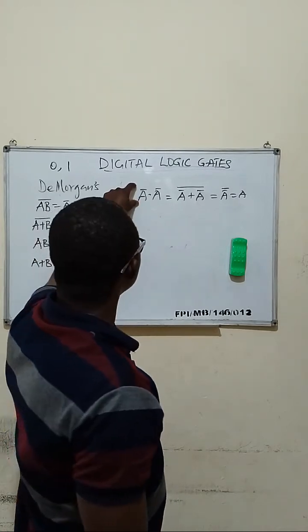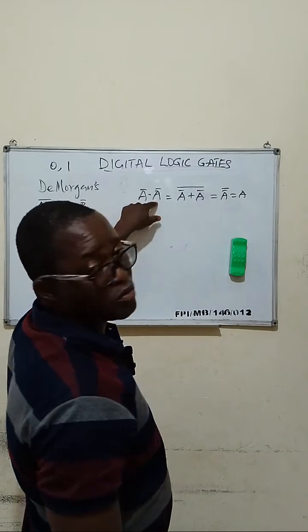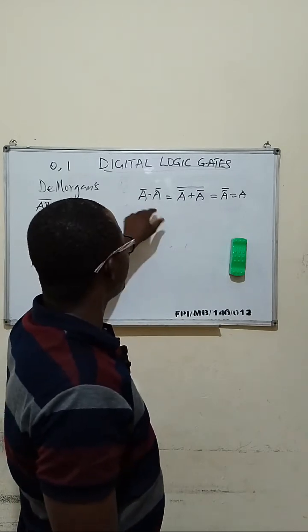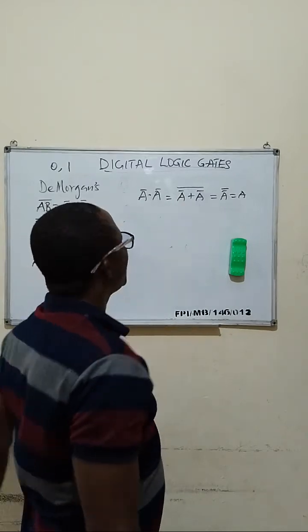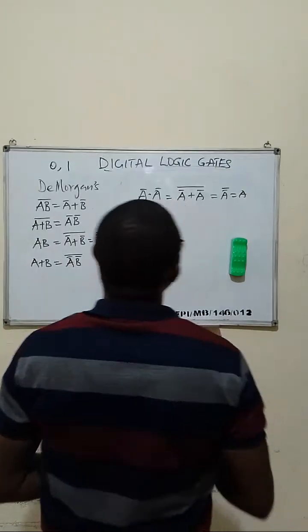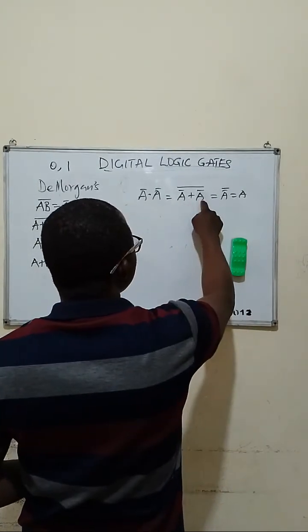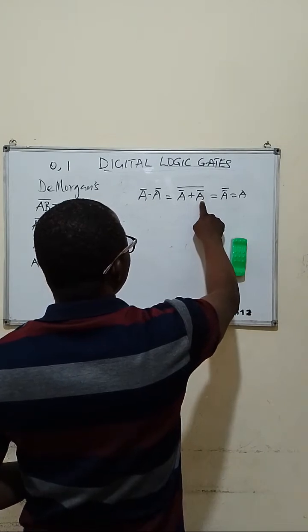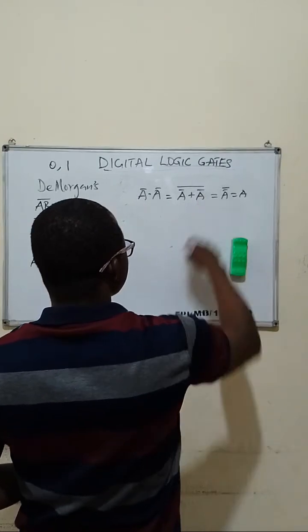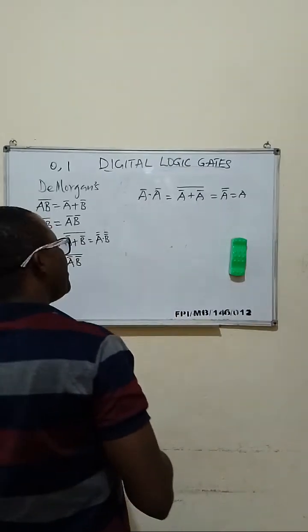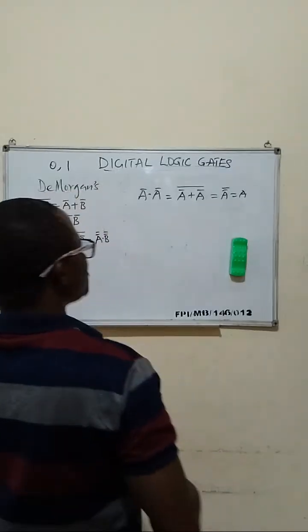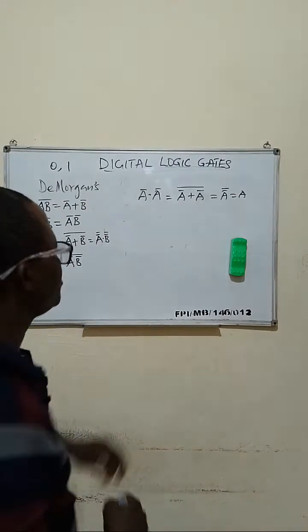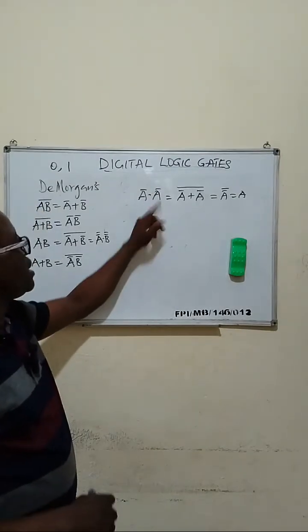If A is equal to 0, A bar will be 1, the second A bar will be 1, then there will be 1 dot 1. 1 dot 1 will be 1. A bar plus A bar is actually equal to A bar, which is equal to A. So that's what we're going to have. A bar dot A bar.